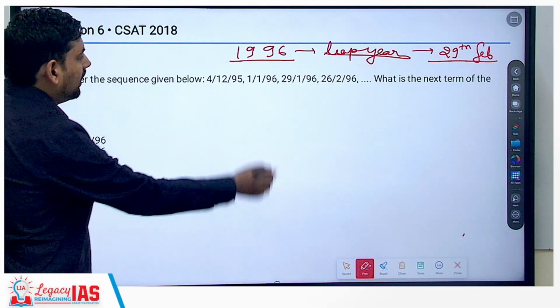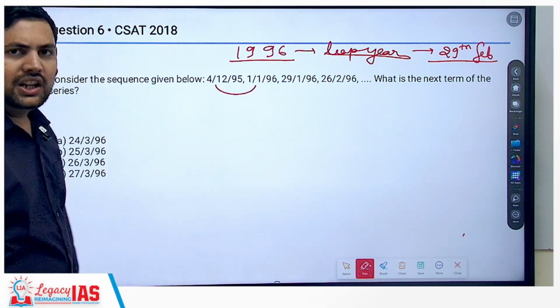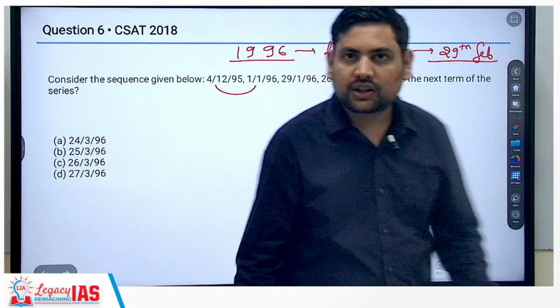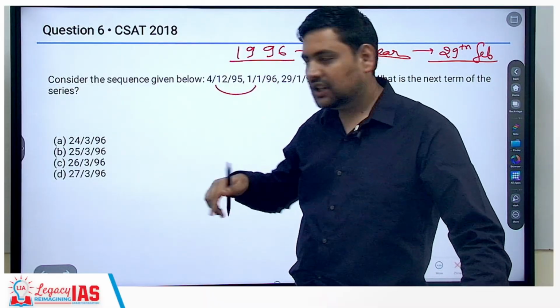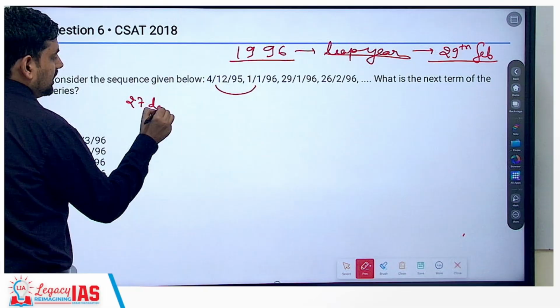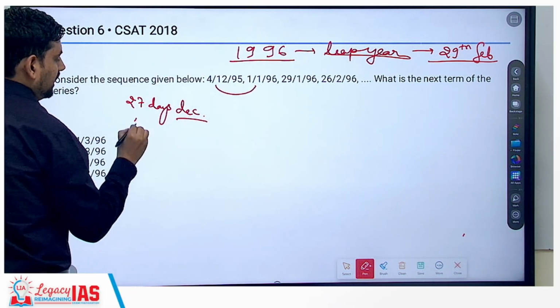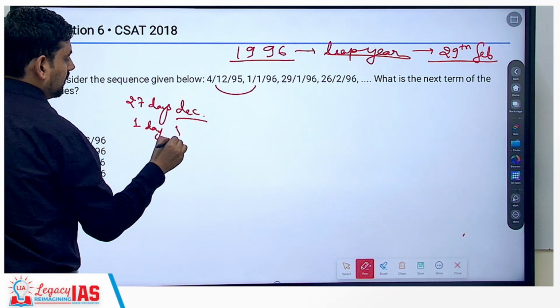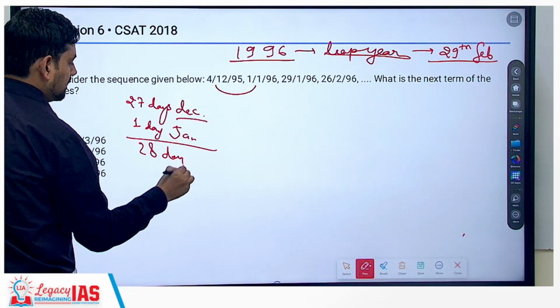So from 4/12, that is 4th of December, to 1 January, how many days are there in between? December is of 31 days, so you get 27 days of December and 1 day of January. Sum total is 28 days.